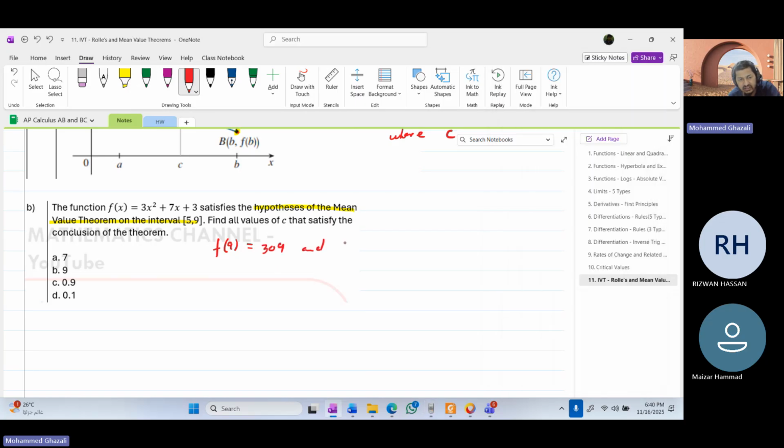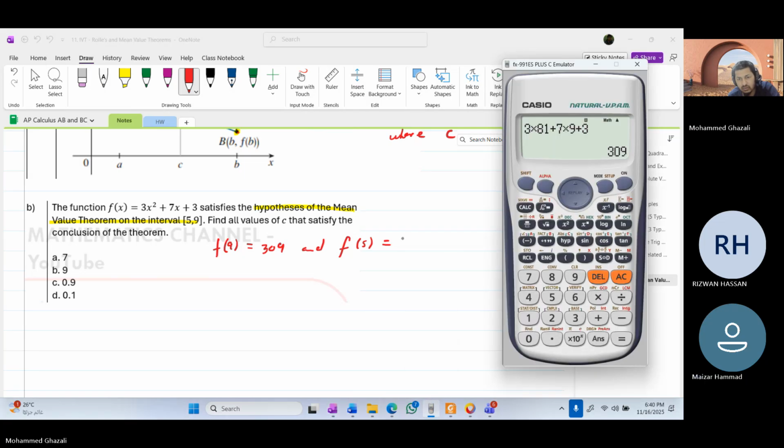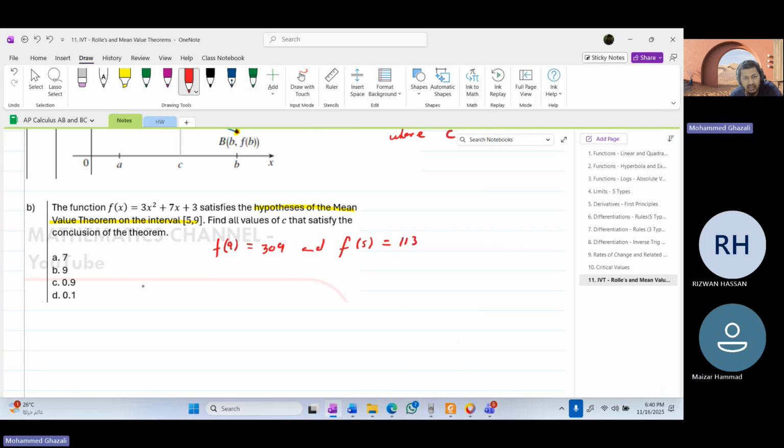And what is f of 5? f of 5 is 113. So let's work out the average gradient here. The average gradient is f of b minus f of a, 309 minus 113, over 9 minus 5. So the answer is 49 here.